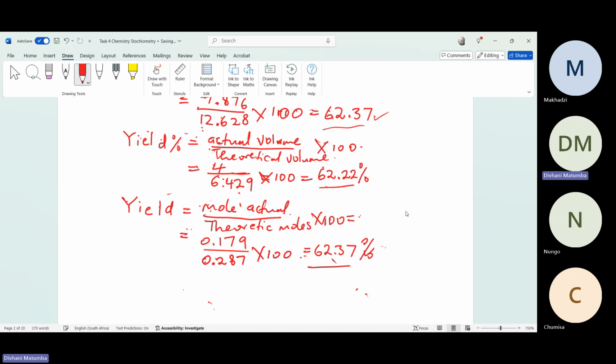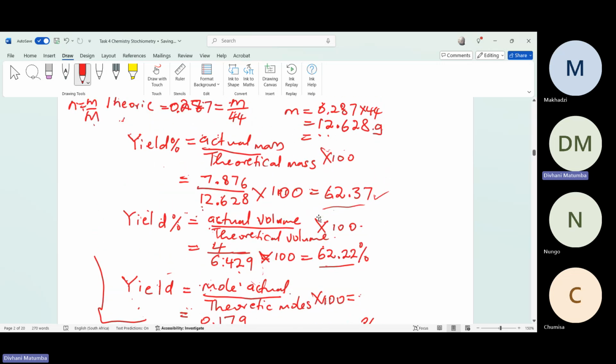Yes, sir. Do you realize that instead of doing all the mass calculation, moles, this and that, you could have as well used the volume? So if you are in the exam, time restrained, you must know these three formulas: actual moles divided by theoretical moles, or actual volume divided by theoretical volume, or actual mass divided by theoretical mass.